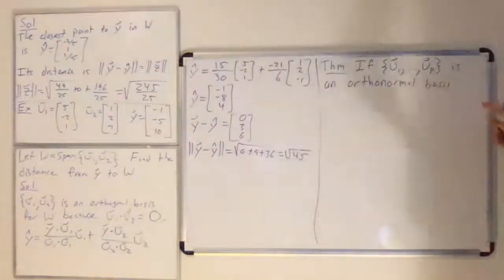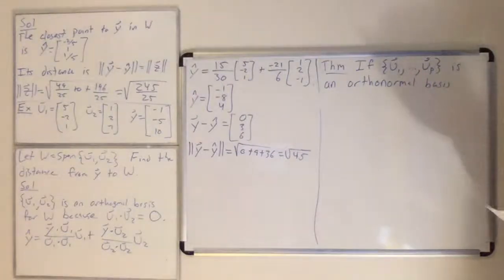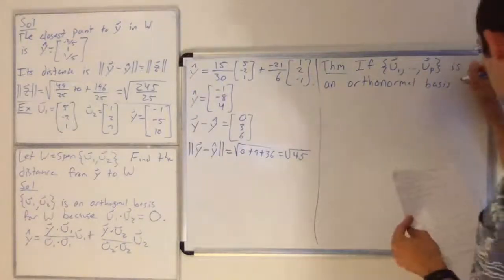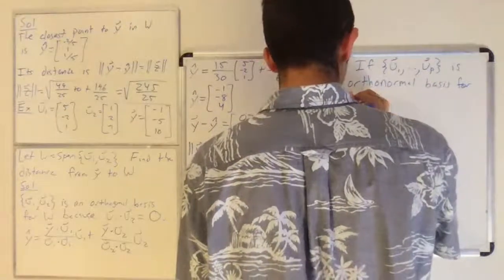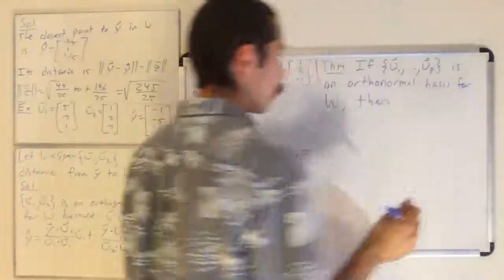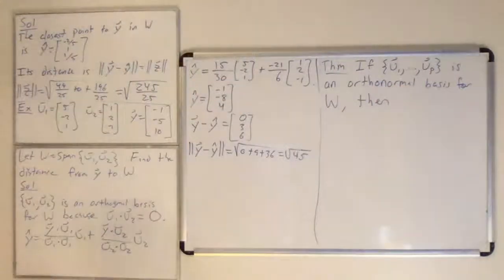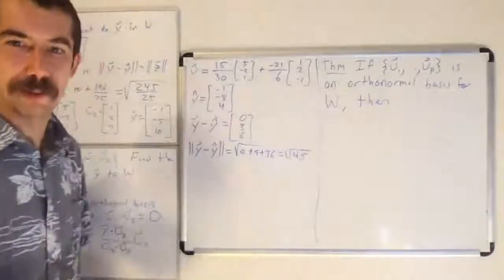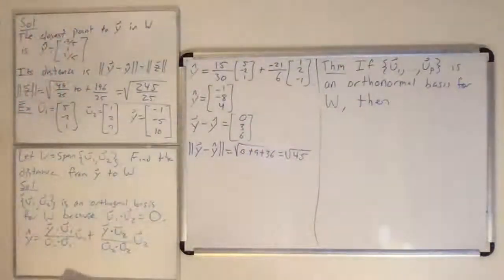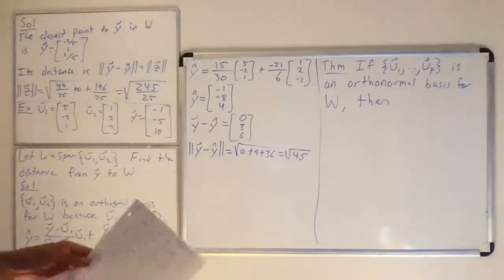So if u1 through up is an orthonormal basis for W, okay, in the chat, what does it mean for a basis to be orthonormal? It's an orthogonal basis with one other property. Does anybody remember what that other property is? While you're thinking about that, I'll write the punchline of this theorem.